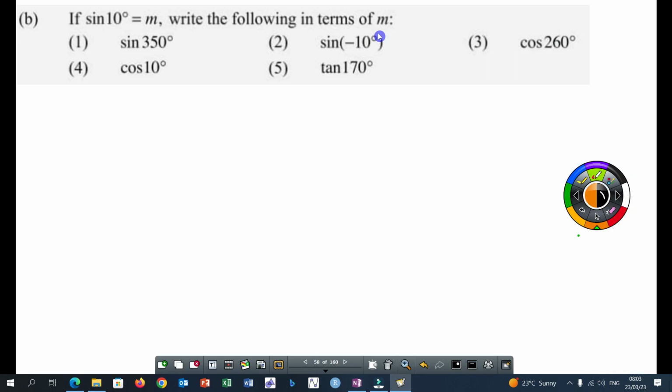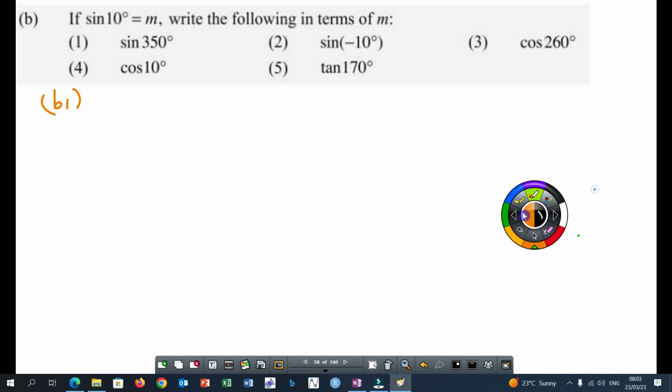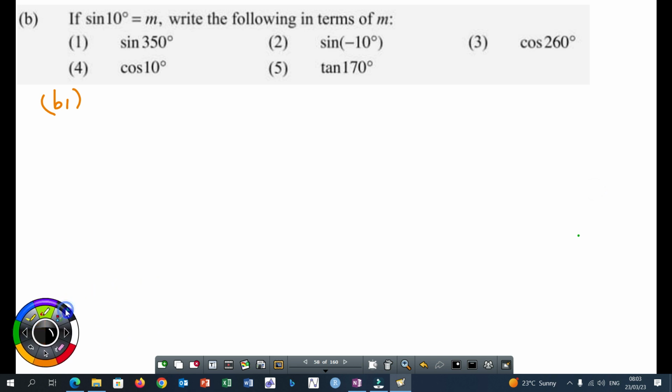All right. So we've got sine 10 degrees is equal to m. As I told you yesterday, we need to put the denominator. In this case, the denominator is going to be a 1.